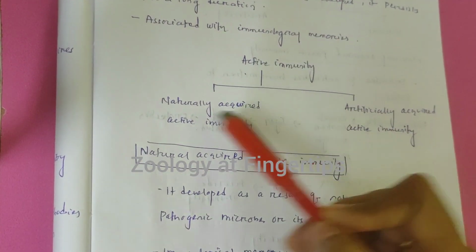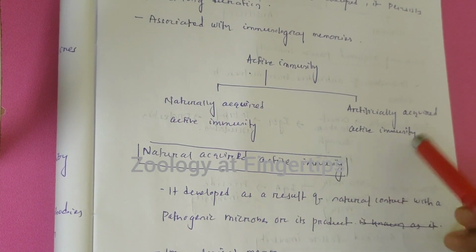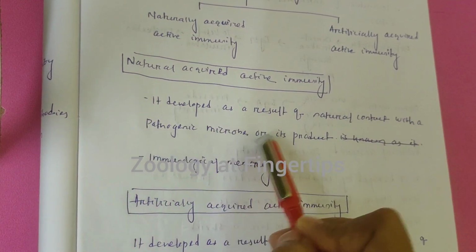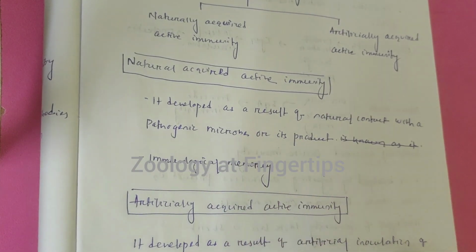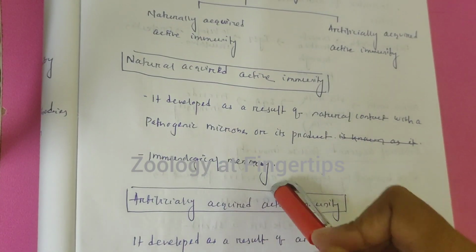Active immunity is further divided into naturally acquired active immunity and artificially acquired active immunity. So what is naturally acquired active immunity? It develops as a result of natural contact with the pathogen or microbes or its product during the course of life, and it is also written immunological memory.